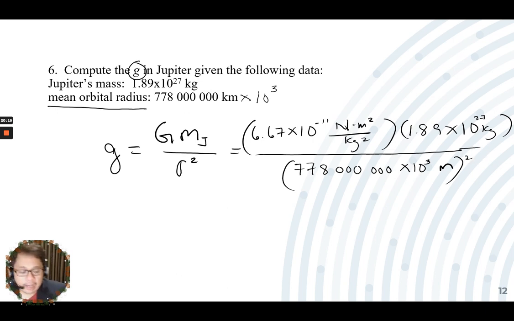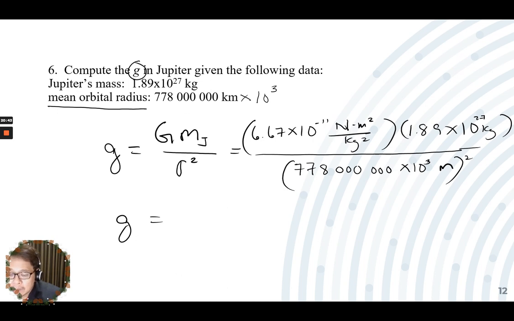So let us find the small letter g of Jupiter. So 6.67 times 10 to the negative 11 times 1.89 times 10 to the 27 divided by 778 million times 10 to the third, then it should be squared.